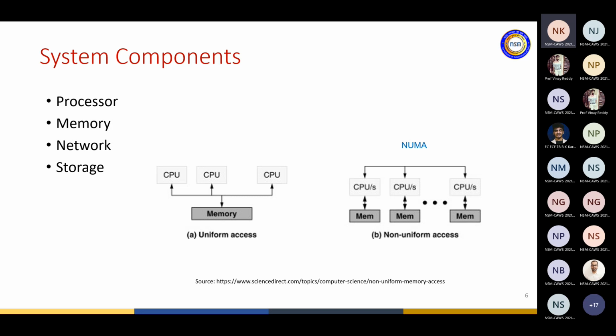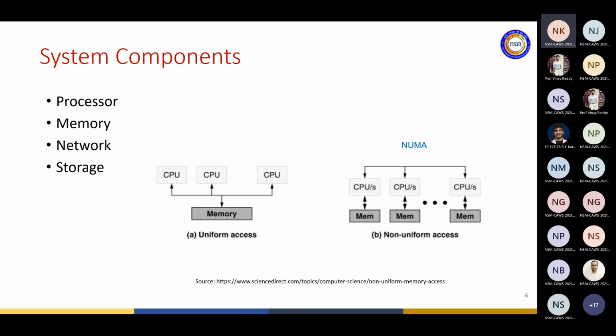So here is a somewhat old diagram which shows that very early on there was this whole concept of symmetric multiprocessing, right? Where the access time to memory is similar for every processor, but that's no longer the case today.